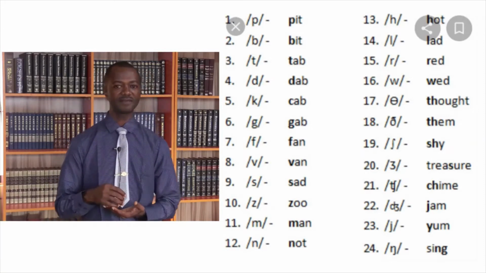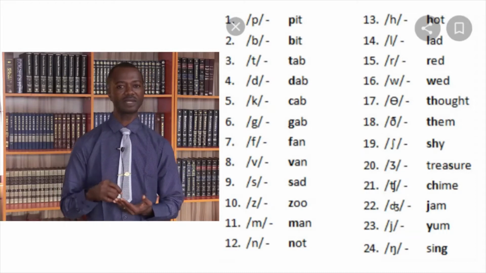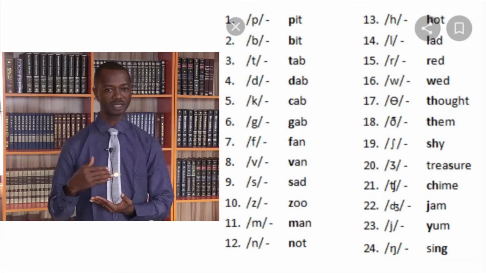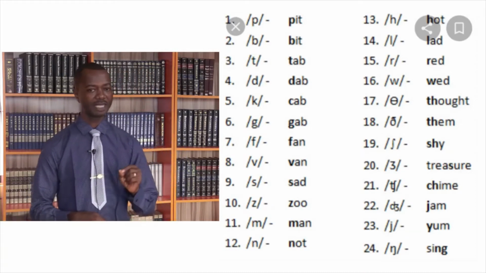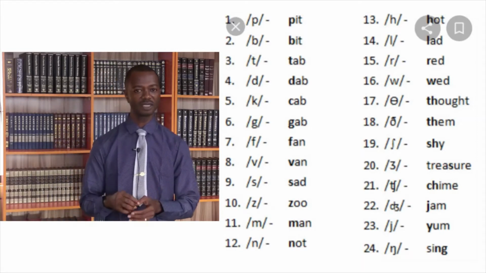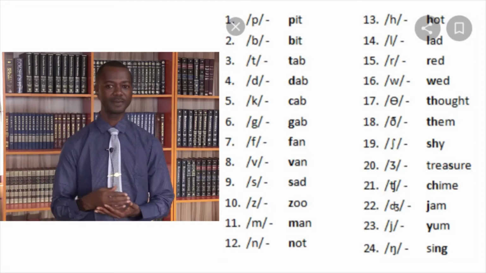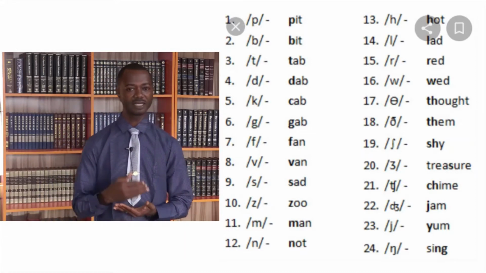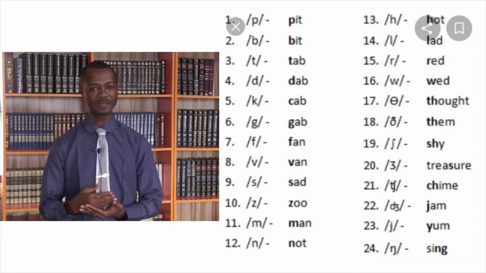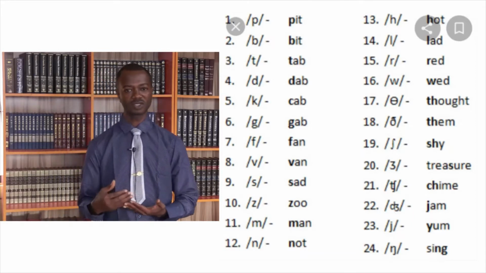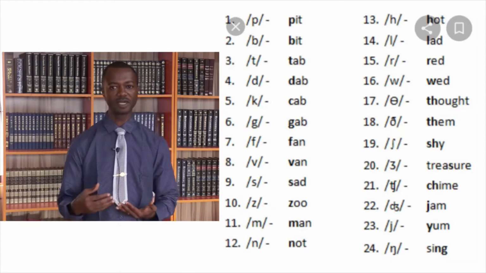A digraph is two letters that are realized or produced as one sound. So the PH in phone is a digraph. The PH there is pronounced as F. Then we have the V, like in vulture, like in vulnerable.